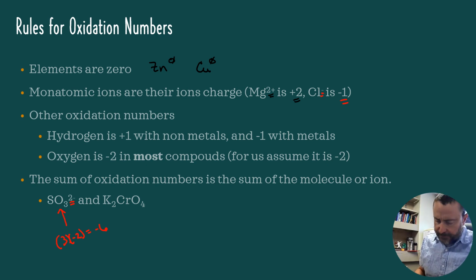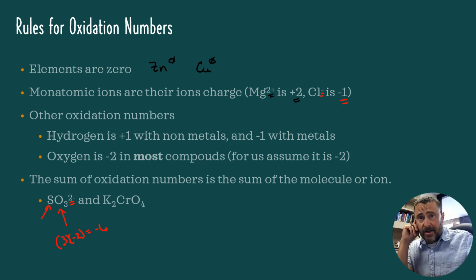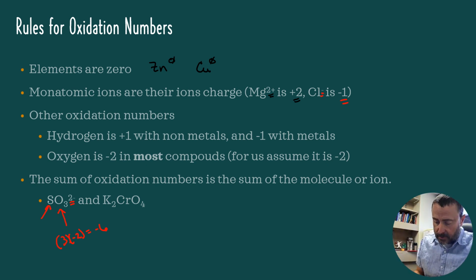So the sulfur, in order for the thing to overall be -2, has to be +4, because +4 and -6 is -2.